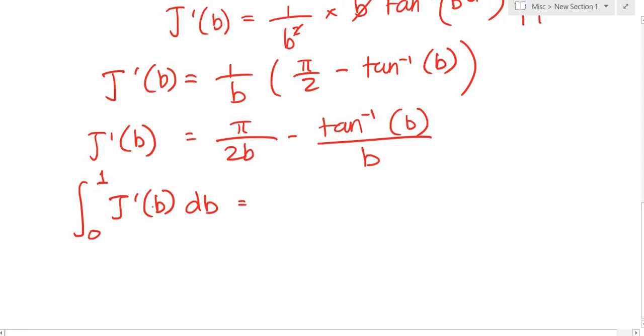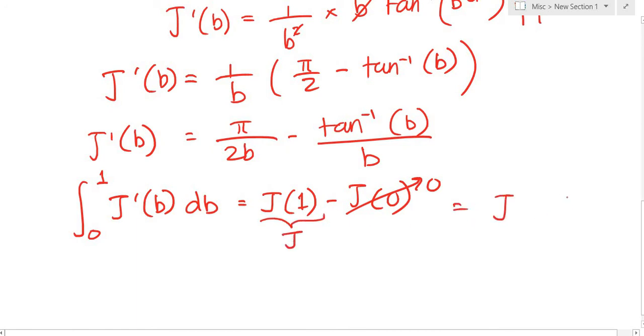And why did we do a definite integral? Because let me remind you, by the fundamental theorem of calculus, after evaluating the integral, this will become j of 1 minus j of 0, and I just showed you that j of 0 is 0, and this is nothing but our original j.